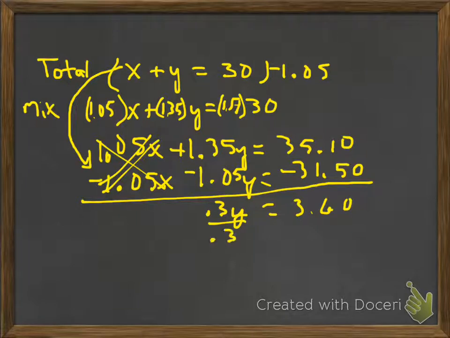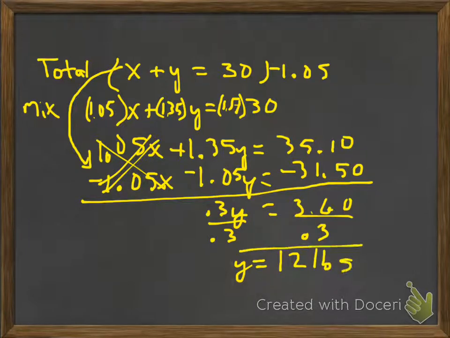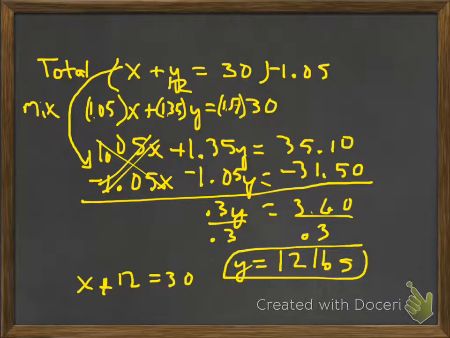Divide by 0.3, and I get y is equal to 12 pounds. Okay, I'm going to put that 12 back into either equation. It would be fairly easy to put it back into this equation and say x plus 12 equals 30. So then you subtract 12 and you get x is equal to 18 pounds.